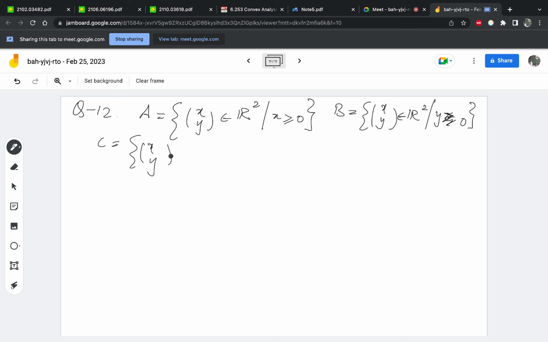And C consists of the set of vectors where the first component is less than or equal to 1. Similarly, D is the same thing but for the second component.